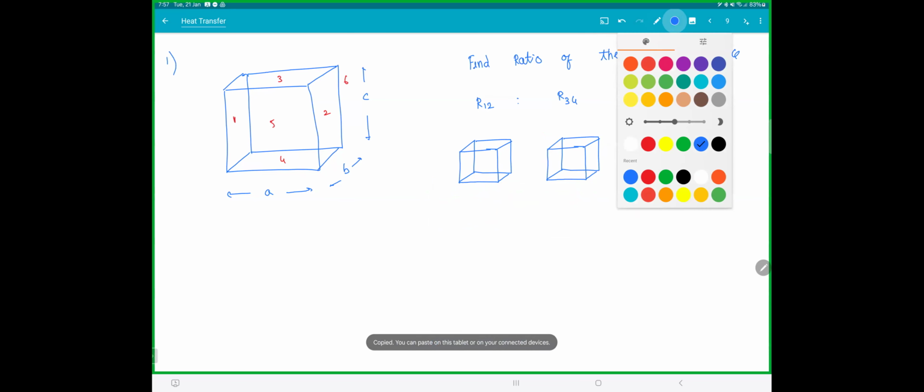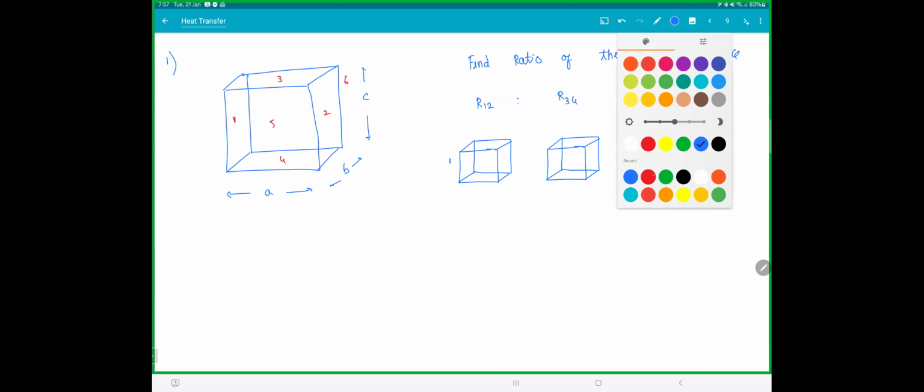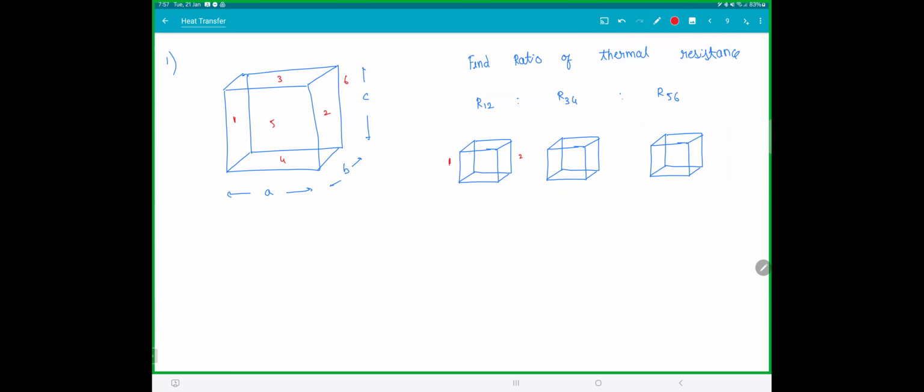So the first one is 1 and 2. So you're talking about this side and this side. 3 and 4 means this side and this side. So heat is flowing up to down. 5 and 6 is the front face and the back face.